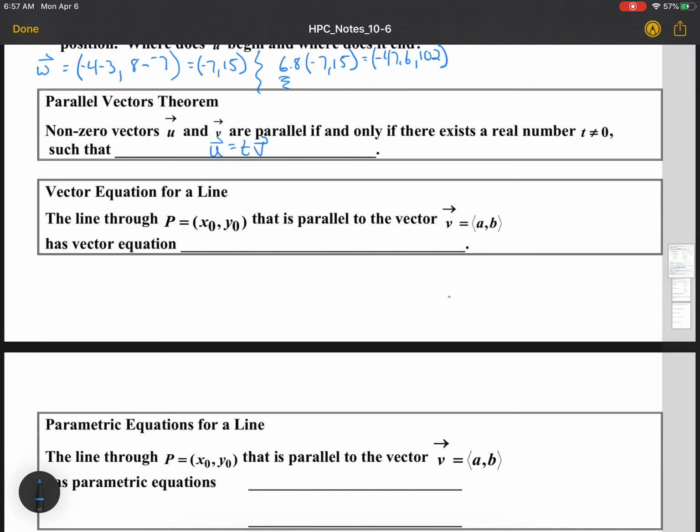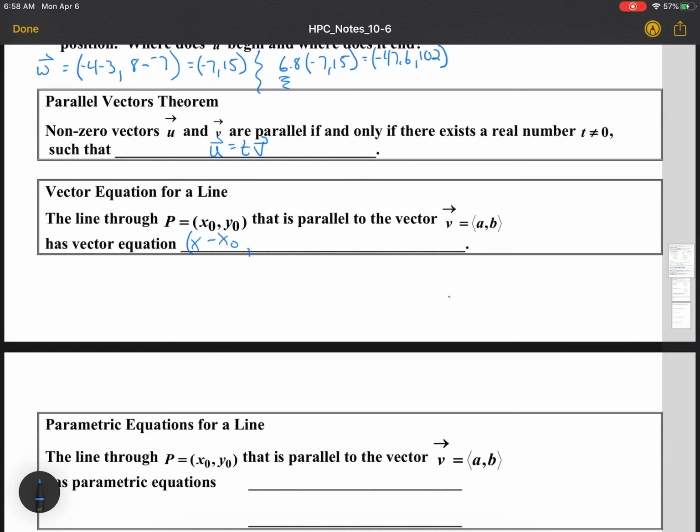Actually, we're going to hop down to the vector equation for a line. This might look similar to something we've done before. Think about it as x minus x1, or x minus whatever the point we have is, that x sub 0, which is just the point that's given.